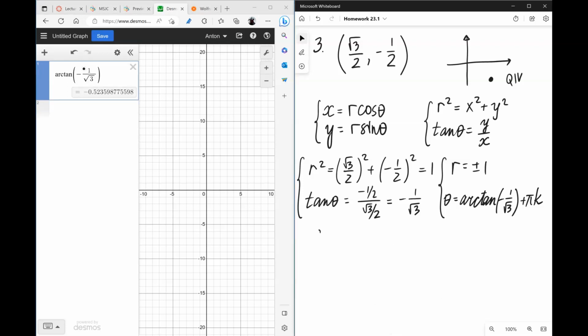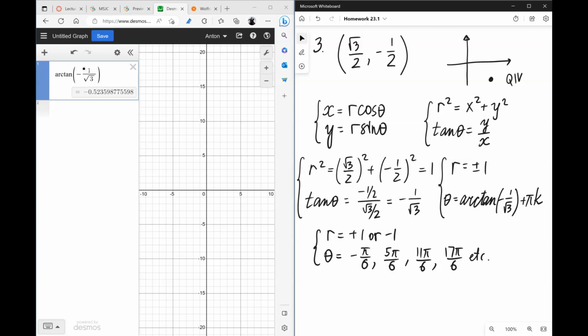So we're now picking between plus 1 or minus 1 for r, and for theta we have negative pi over 6 and all increments of pi, so it's going to be 5 pi over 6, 11 pi over 6, 17 pi over 6, and etc.